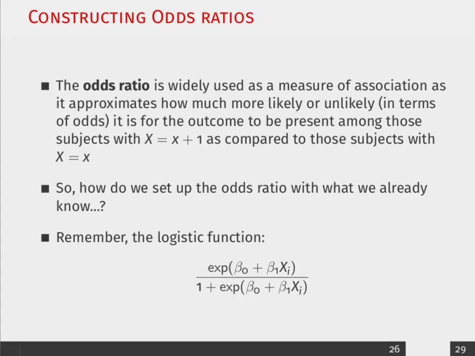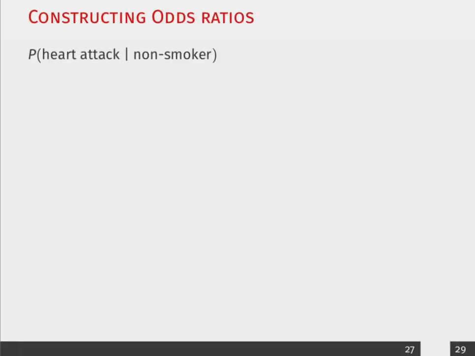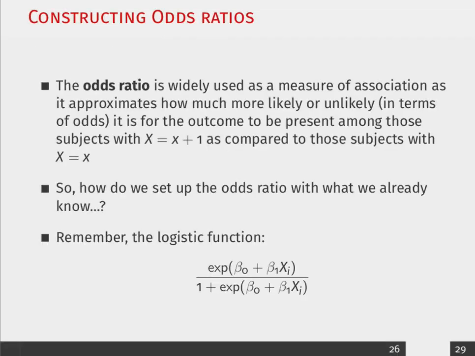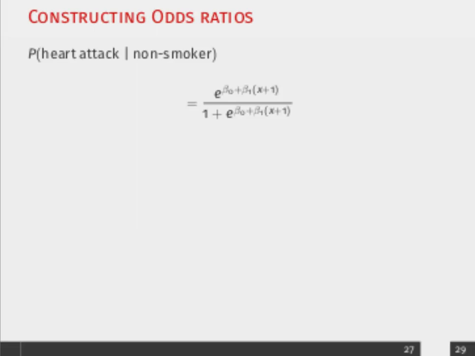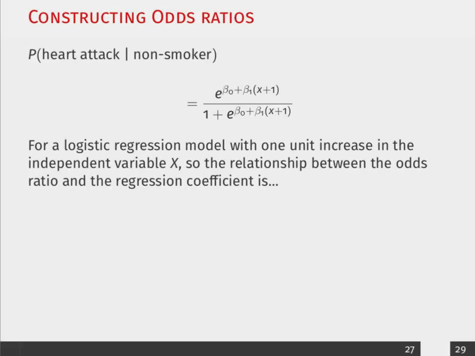Now, a really simple way to set up the odds ratio in a way that we already know would be to do it using the logistic regression function. So going back to our example, we can think about the probability of having a heart attack given that someone is a non-smoker. Let's express that using what we know about the logistic function such that our equation is this.